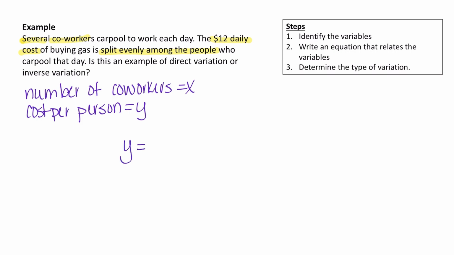There's a $12 daily cost, but then it's going to be divided among all those people. So we could write this equation as y equals 12 divided by x, right? So notice based on the format of this equation that it is going to be inverse variation. Okay, so this is going to be an inverse variation relationship, and the way you figure that out is by writing an equation that relates the two variables in the problem.